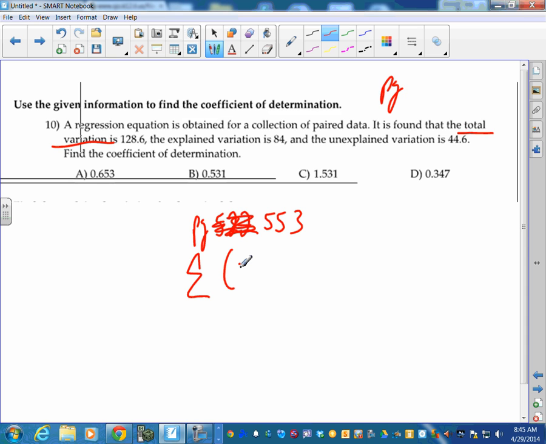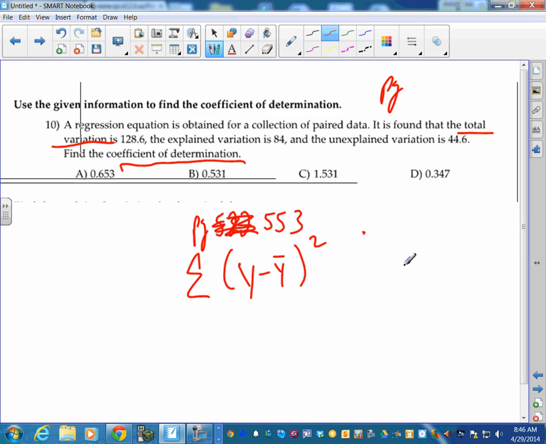All right, what is it? Total variation. Right. Oh, let's see. Explained variation. Is that what you're talking about? The explained over the total? It's one minus Y minus Y bar squared. Why are we finding that? And what's the coefficient of determination? All right, so what's the equation for the coefficient of determination?